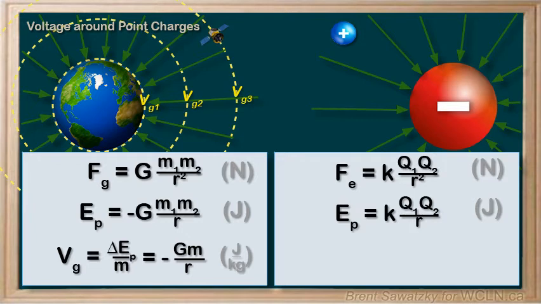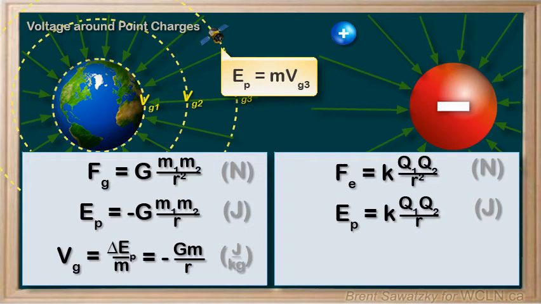Again, we notice that this potential value doesn't depend on the satellite's mass. To determine the potential energy of a particular satellite at any of these positions, we simply multiply the mass of that satellite with our gravitational potential.